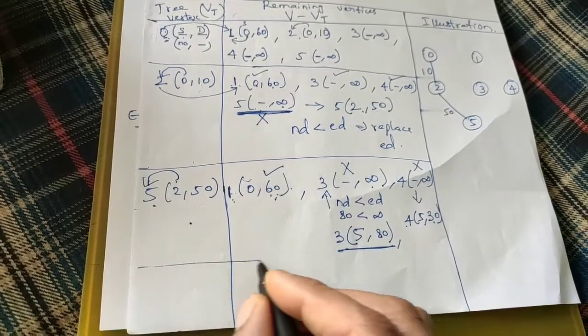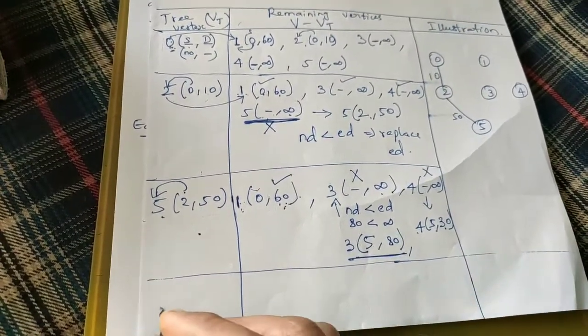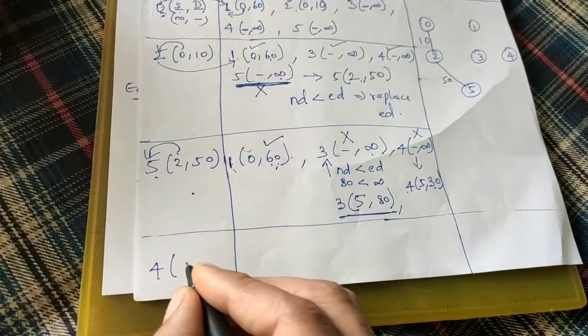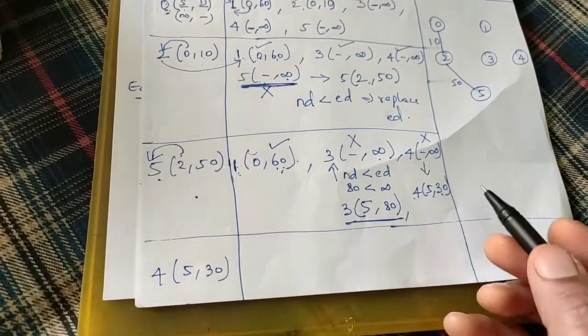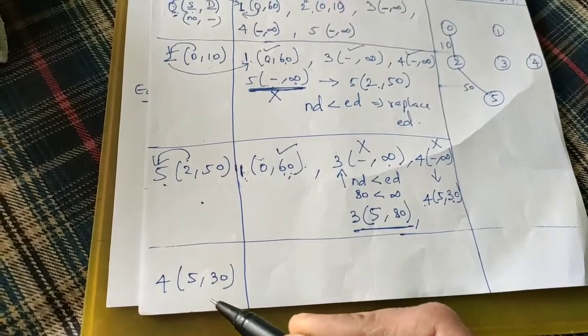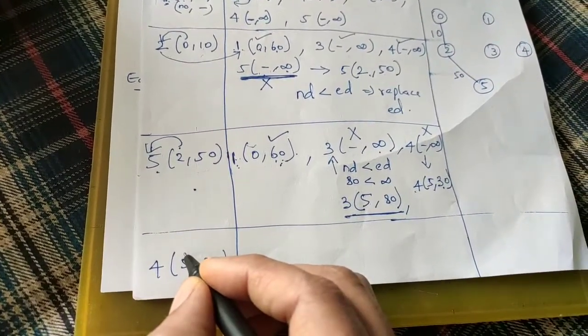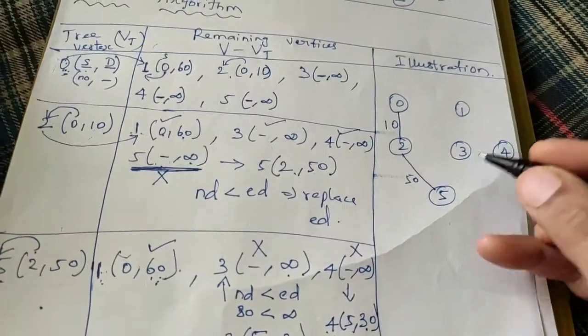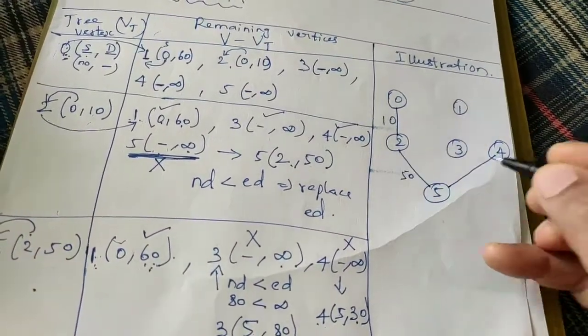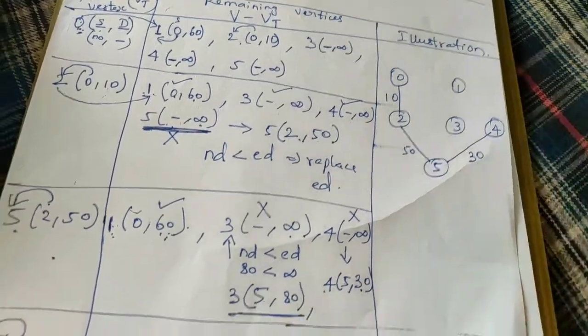So next I am just going to consider the fourth vertex as the tree vertex, 5, 30. Now when I bring some vertex to the tree vertex, I need to include the edge. So what is the edge I need to include? 5 to 4. So go to your illustration. 5 to 4 you include one edge with the value 30.